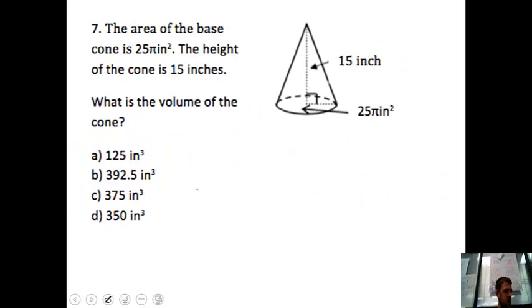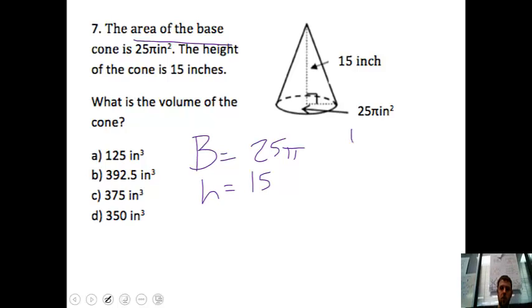All right, last one. Stay with me. The area of the base is large B, and large B is equal to 25 pi inches squared. It says the height of the cone is 15 inches. The volume of a cone is 1/3 base times height.